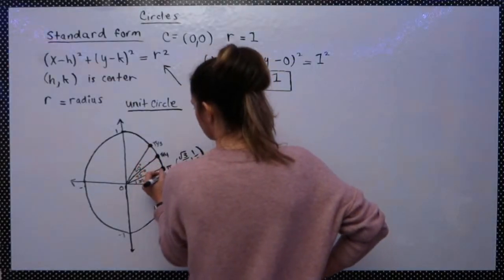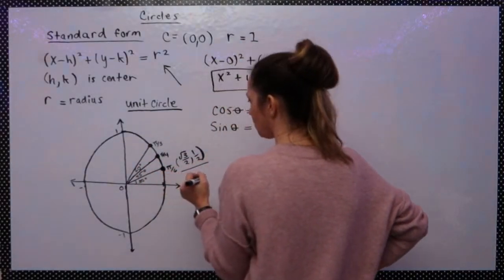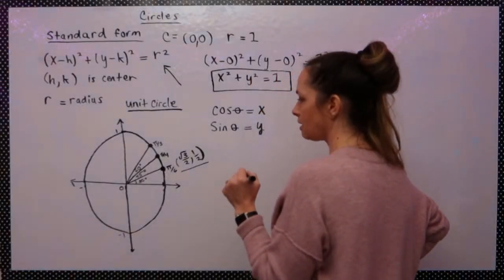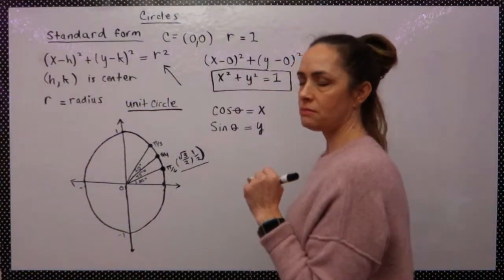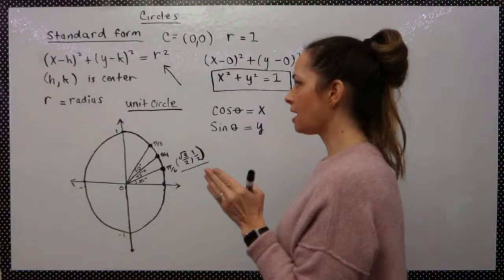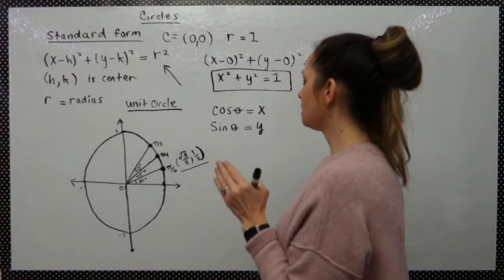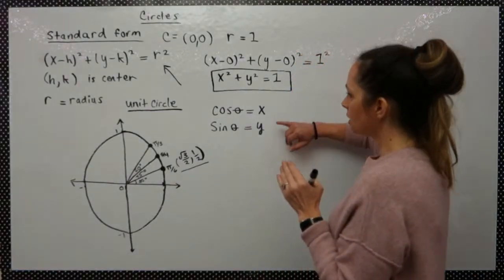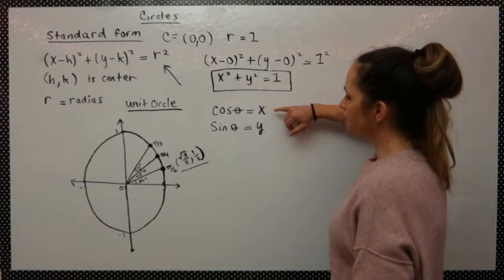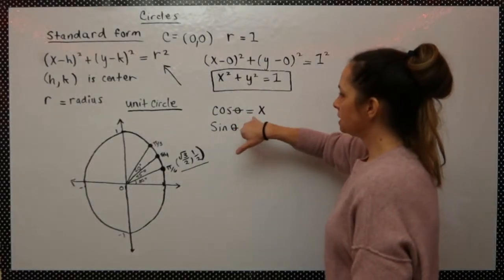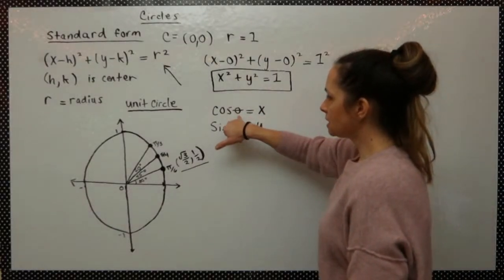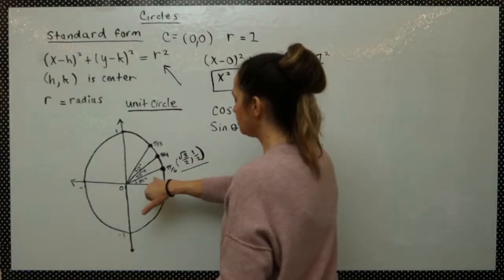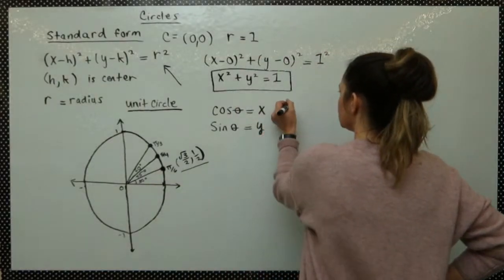That's key. That ordered pair that we derived exists on the graph. And if you allow cosine theta to equal x, the cosine of theta in this case, where theta equals 30 degrees.